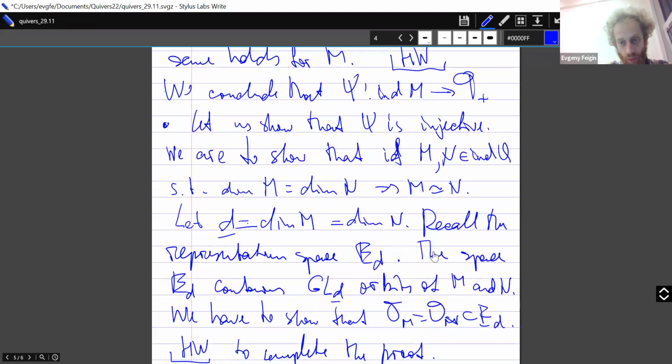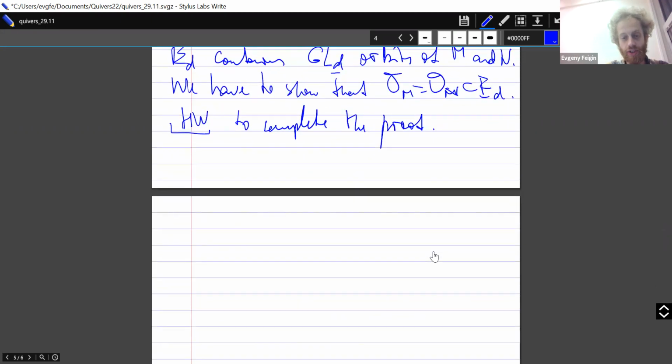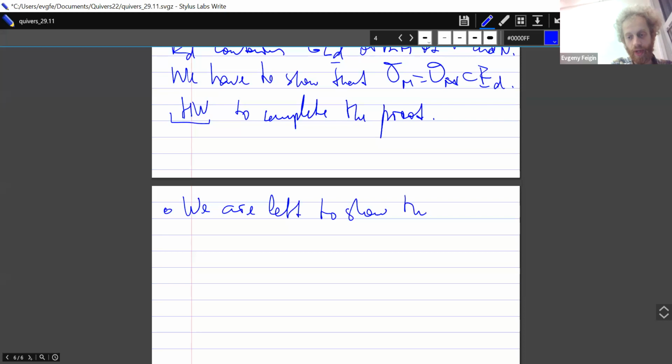So this would show the injectivity, and the last thing to show is the surjectivity. So we are left to show that psi from indecomposables of Q to the positive roots is surjective.